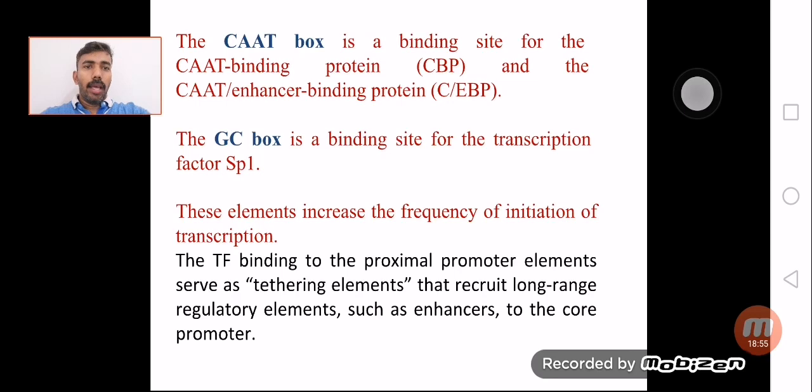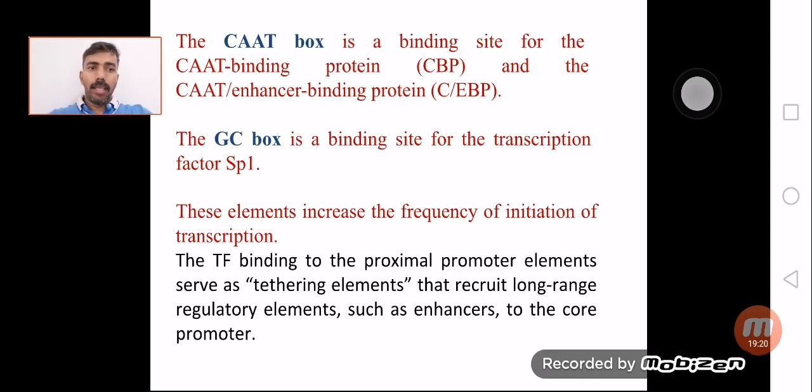So in short, the binding of proteins at these particular sequences increases the frequency of initiation in transcription, and moreover they act as tethering elements that recruit long-range regulatory elements, such as enhancers, to the core promoter region.